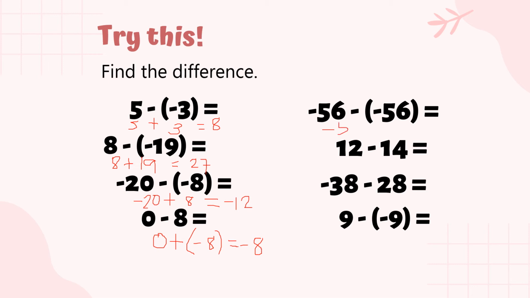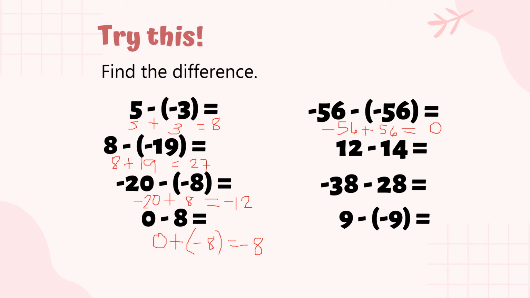So, we copy negative 56. Proceed to addition. It will become plus. Negative 56 will become positive 56. So, notice that they have different sign. The first one is negative, the other one is positive. So, if they have different signs, we simply proceed to subtraction. So, 56 minus 56 is 0.